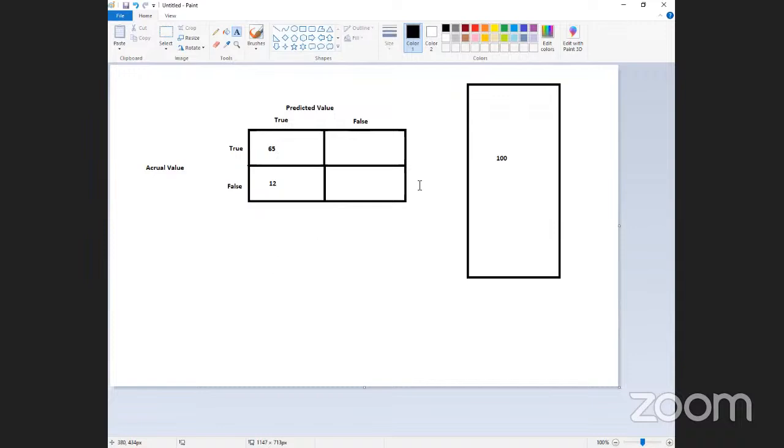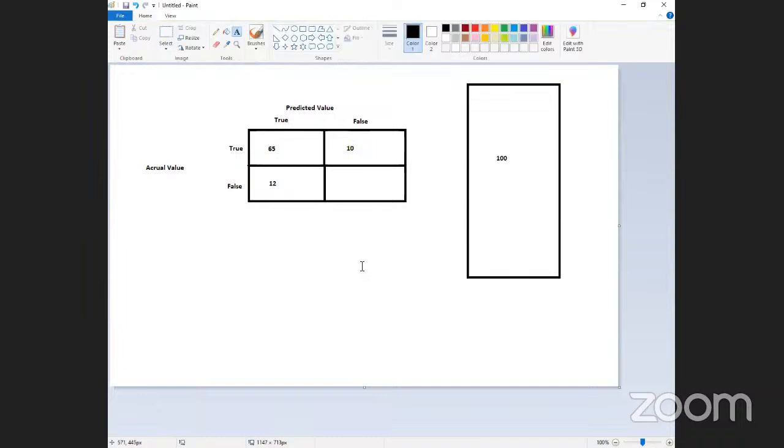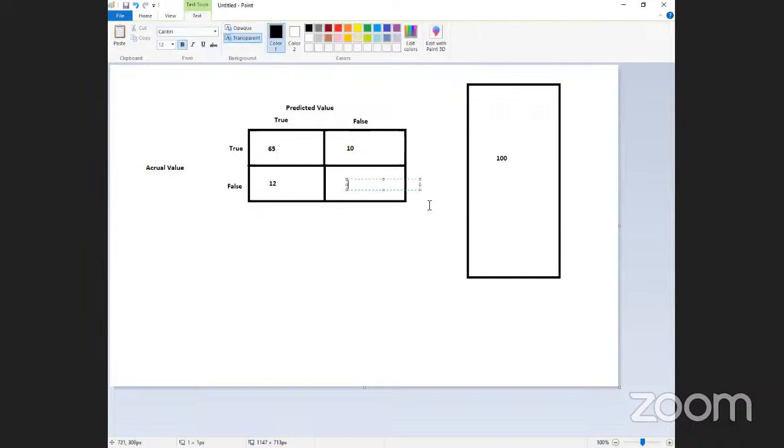Then sometimes the predicted value is false, meaning the algorithm says false, but the actual value is true. That kind of values you can also have. Also, the algorithm says false and the actual value is also false. That kind of situation is also there.